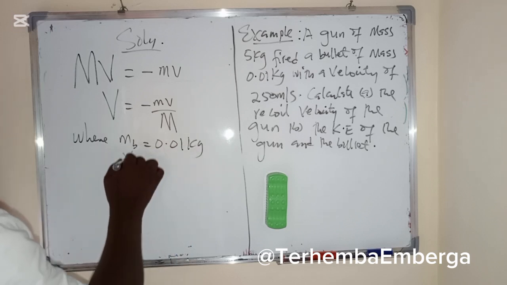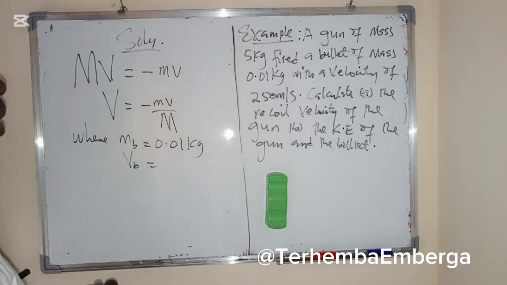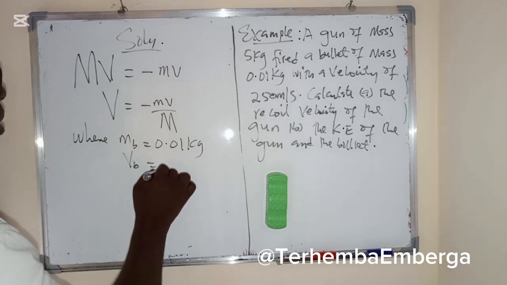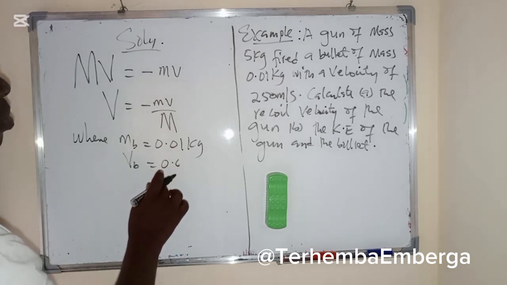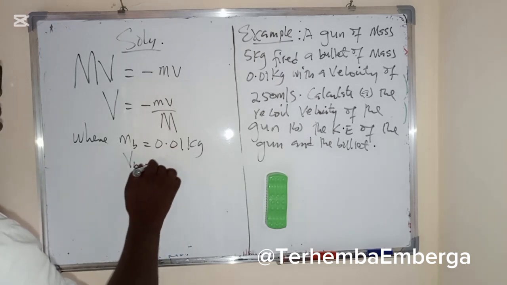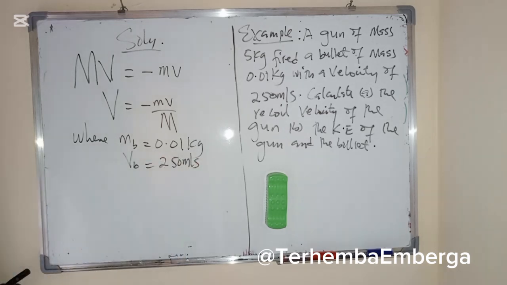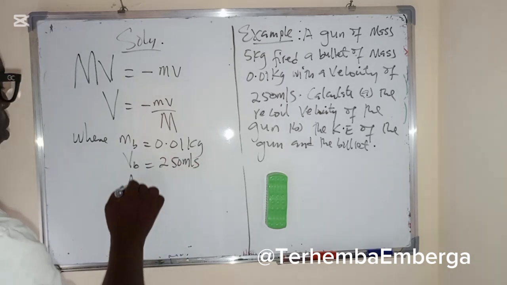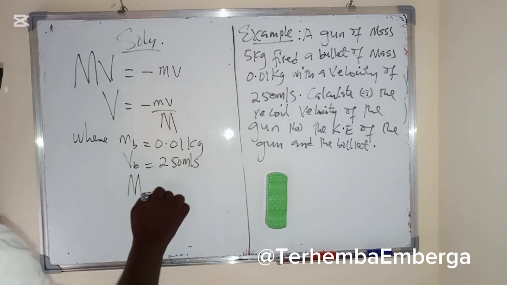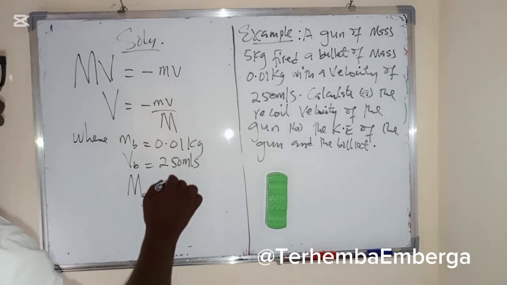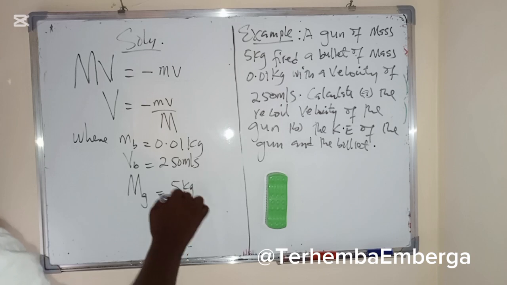The velocity of the bullets is given as 250 meters per second. And then the mass of the gun is given as 5 kg.